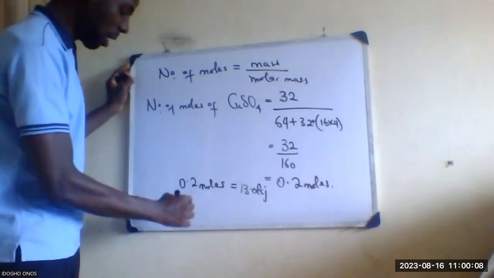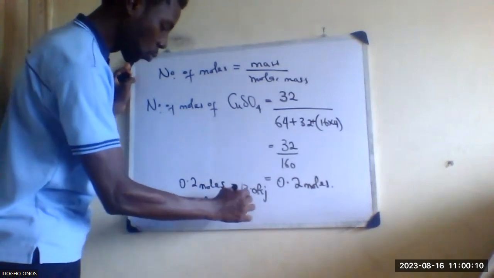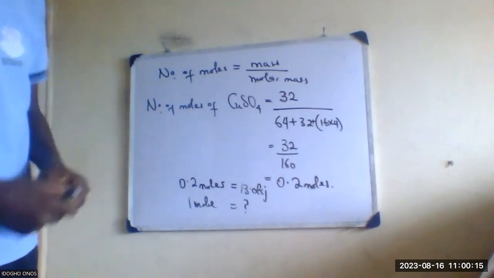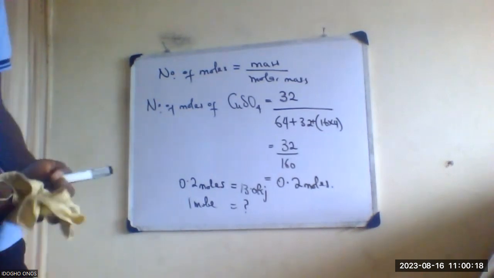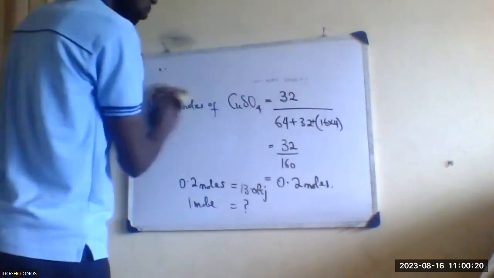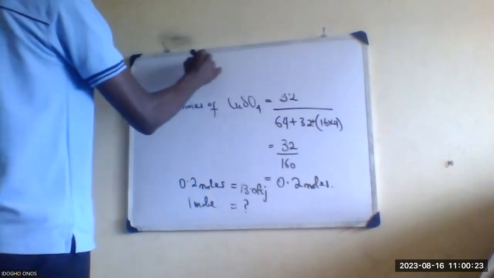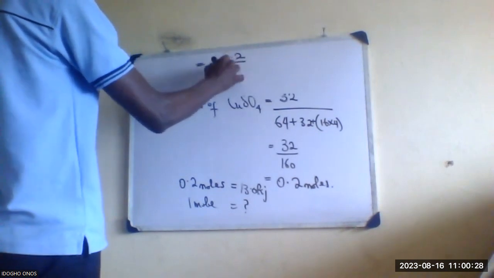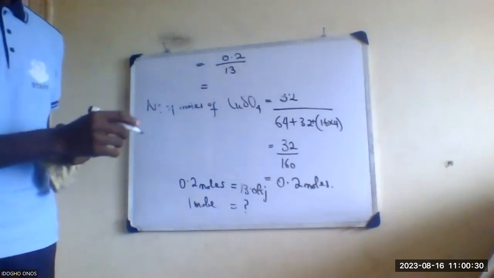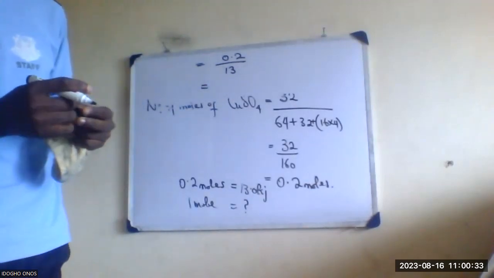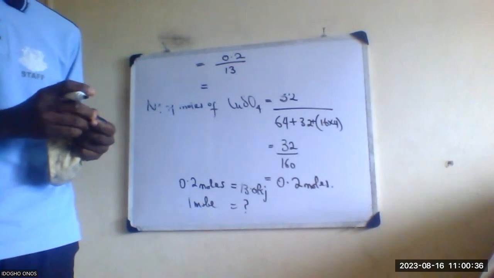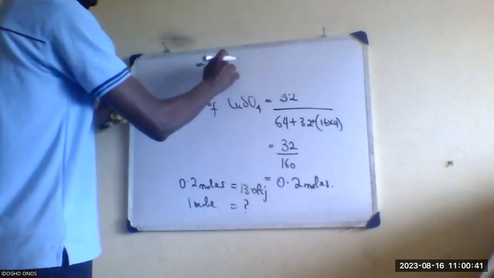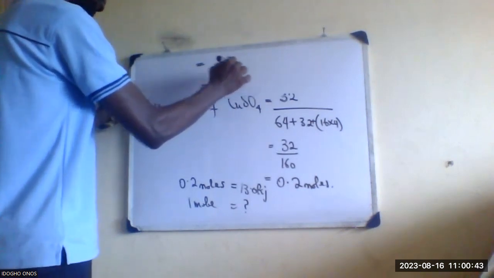So if 0.2 moles is this, and 1 mole equals question mark, if you cross multiply and then divide both sides, you should be having 13 over 0.2. Sorry, that's 13 over 0.2, not 0.2 over 13.